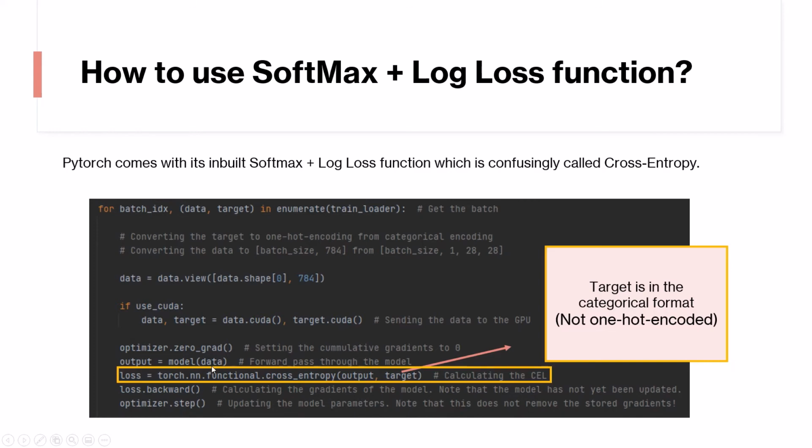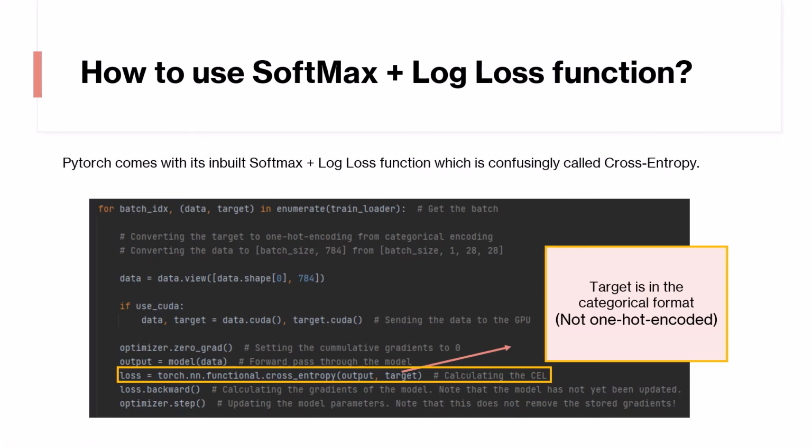To use it, you need torch.nn.functional.cross_entropy and you provide the output and the target. Earlier, when you were applying the mean squared error loss, the target was in the one hot encoded vector. Currently, when you apply this cross entropy loss function, this function assumes that the target is in the categorical format.